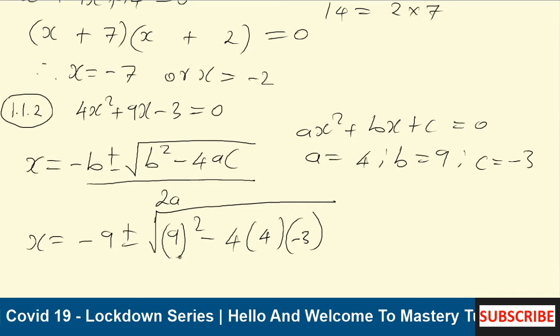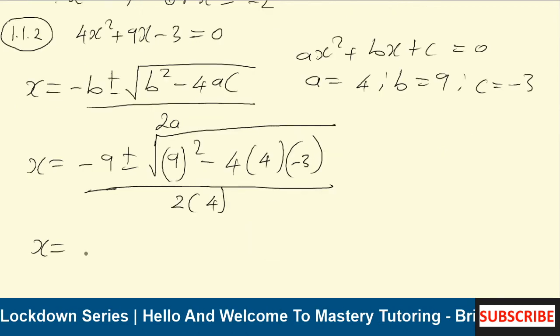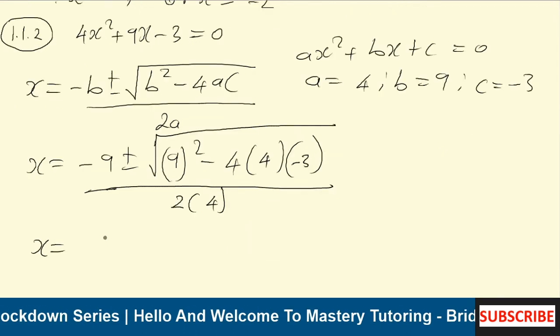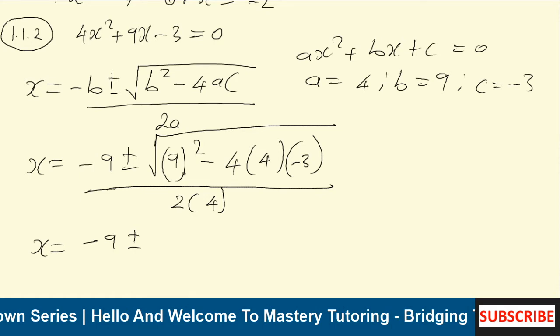Two times 4. Now x is going to be minus 9 plus or minus the square root of, and when you put this whole thing into a calculator, it should give you the square root of 129, all over 8.